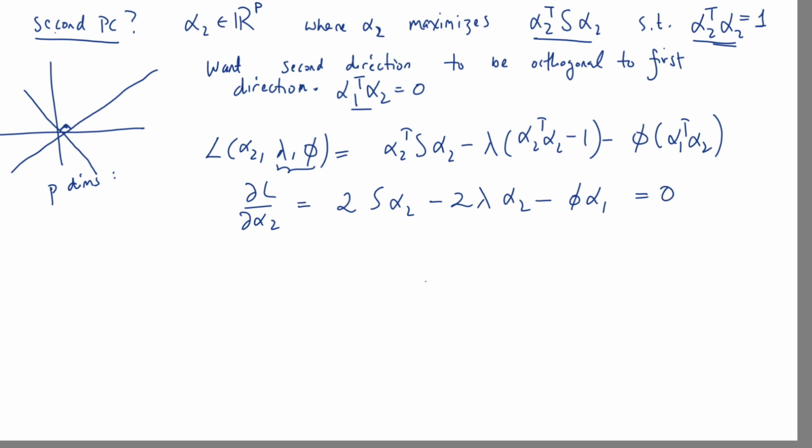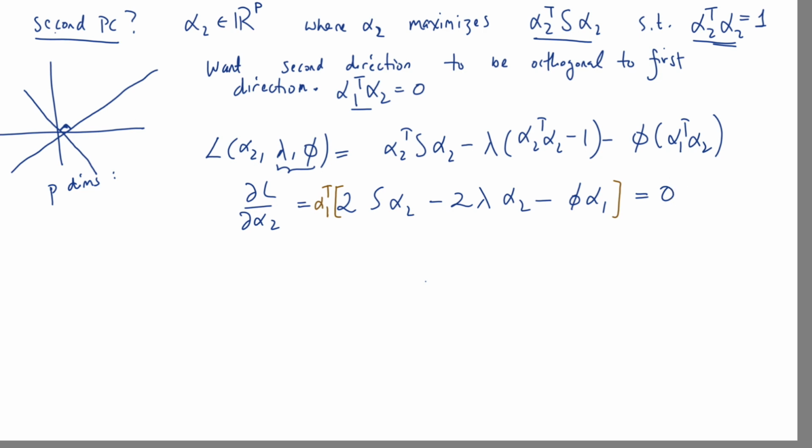Okay, now there's a little bit of a trick here. The trick is to multiply both sides by alpha1 transpose. The reason I can do that is because this side is just 0, so I'll still get 0 here.